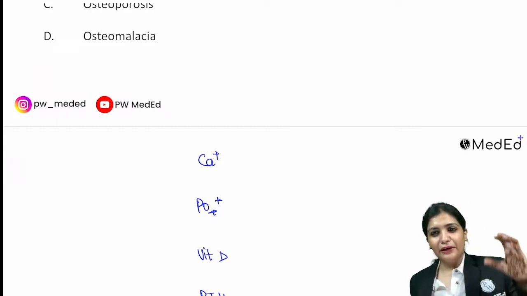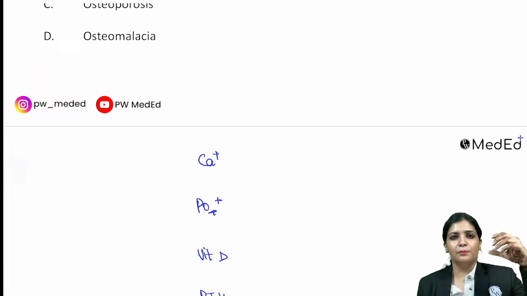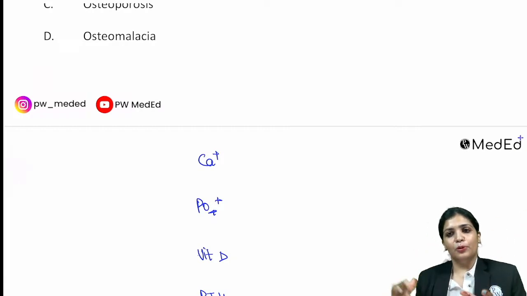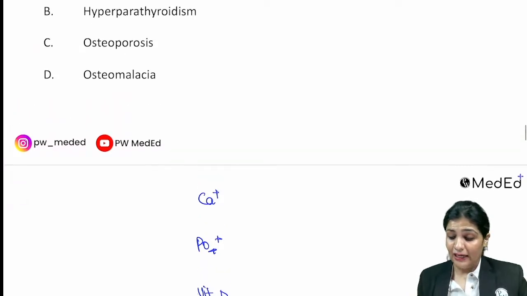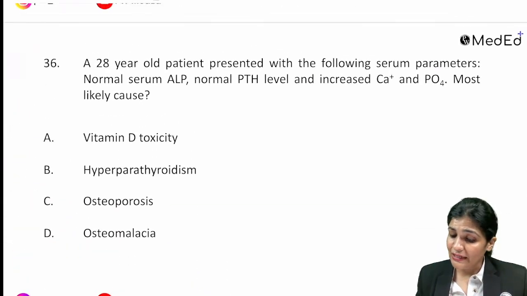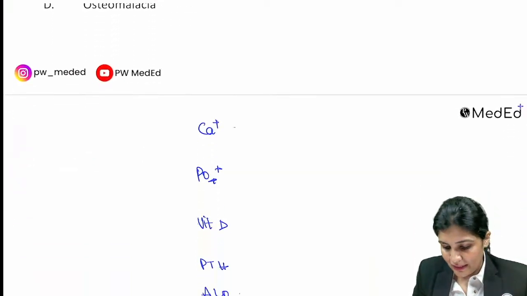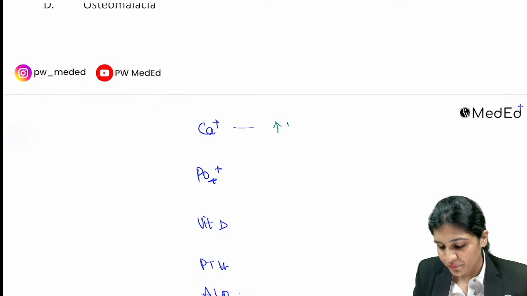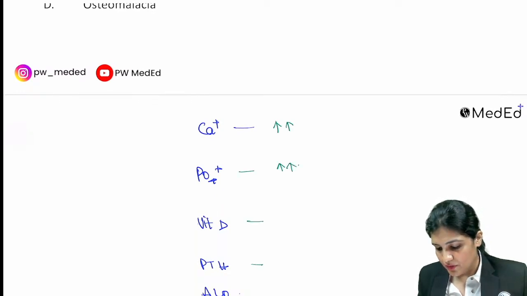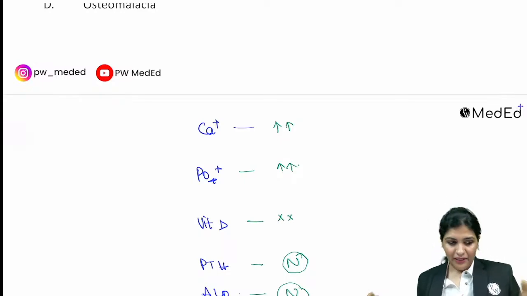These are certain important parameters which will help you in the final diagnosis. So here there is an increased calcium and an increased phosphate, but a normal PTH and a normal ALP. There is no mention of your vitamin D, right?